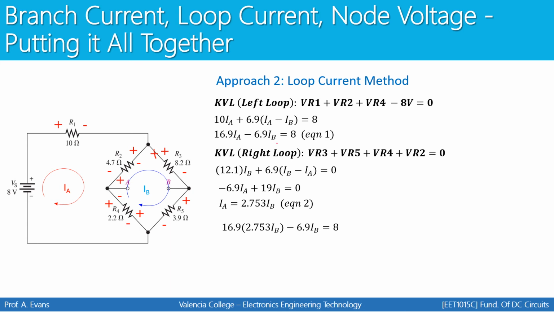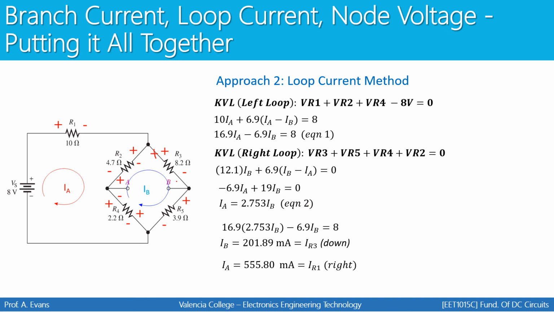We're going to take equation 1, plug in our equivalent value for IA, and solve this for IB. Once you have IB, you can plug this value right back into equation 2 and get IA. Since our values came out to be positive, the directions that we picked for IB and IA are correct.